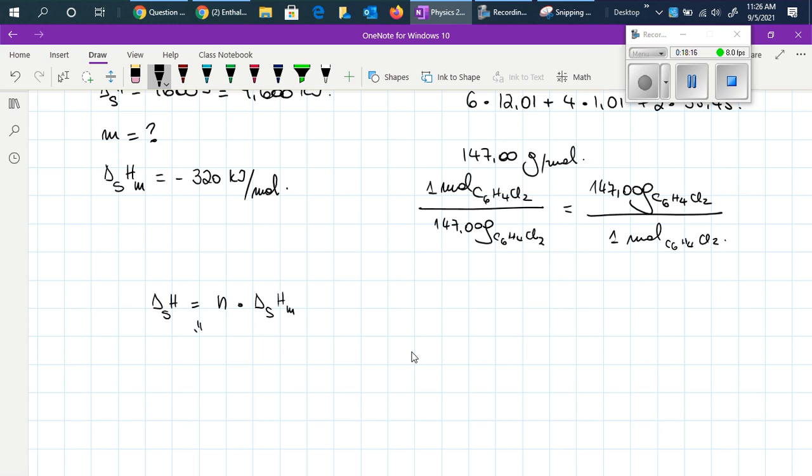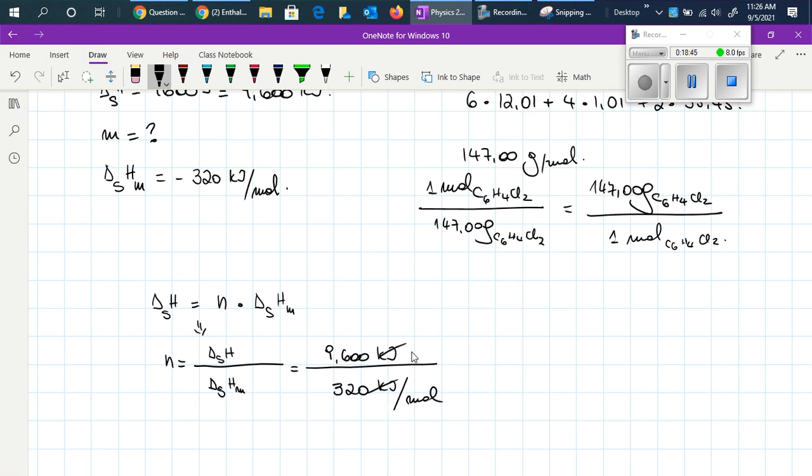So from here we find that the number of moles will be the total heat of solidification over the molar heat, or 9.600 kilojoules over negative 320 kilojoules per mole.